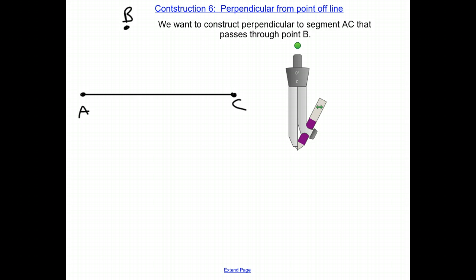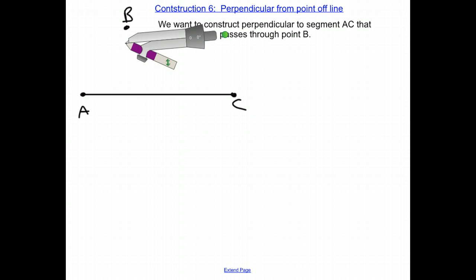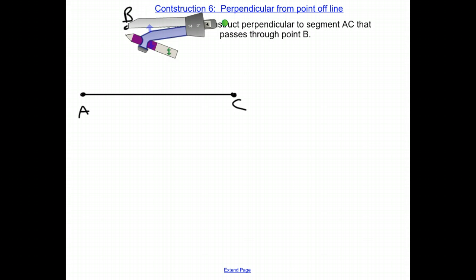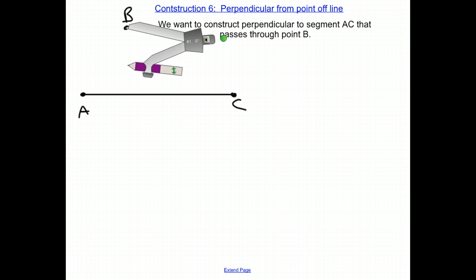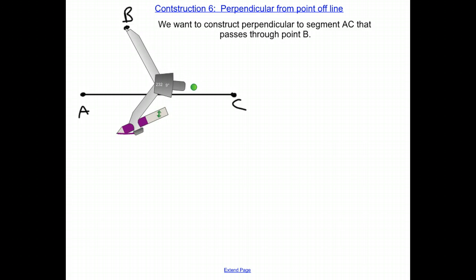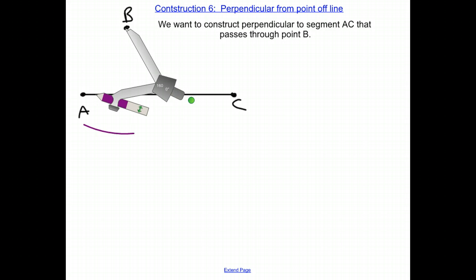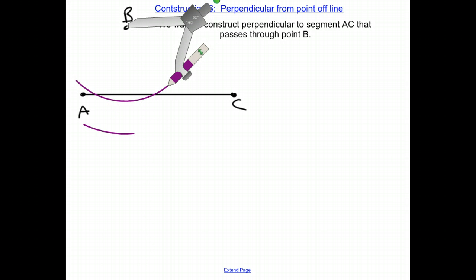So to begin the process of this construction, the first thing we need to do is set the center of our compass on point B. There's our compass. I'm placing the center of the compass on point B. From there, I want you to swing an arc on segment AC so that it will intersect with AC twice.